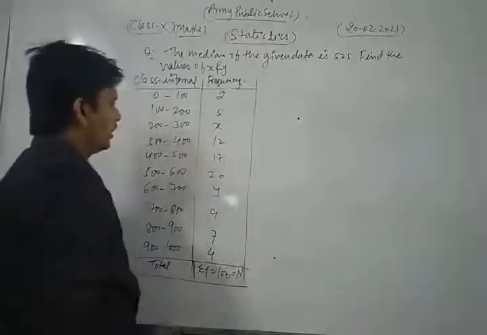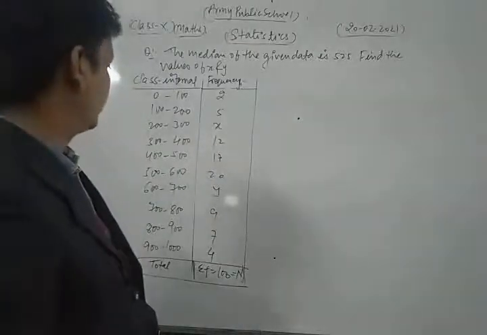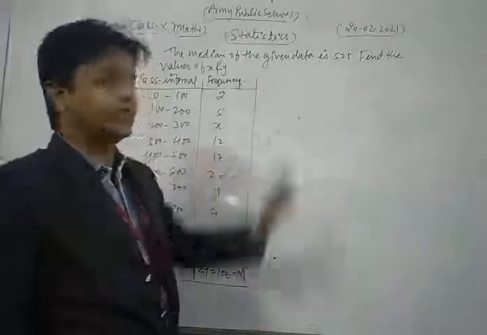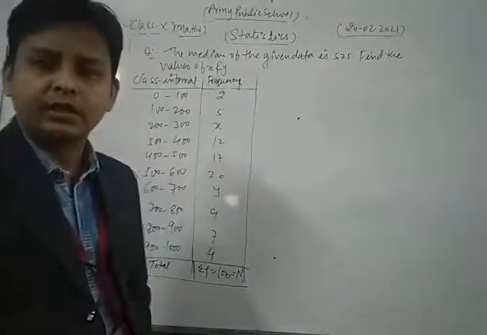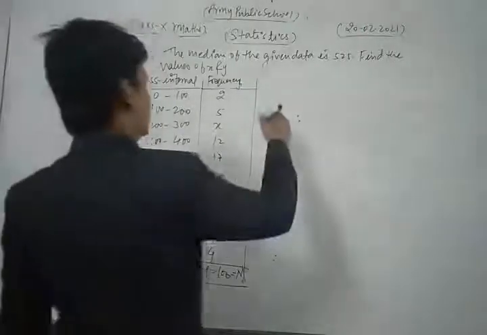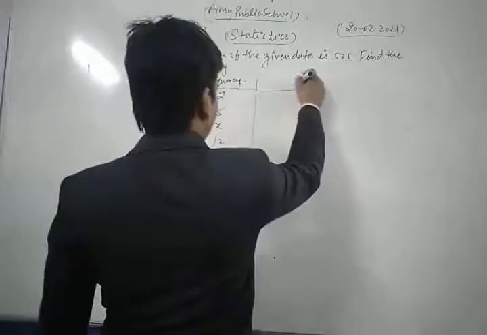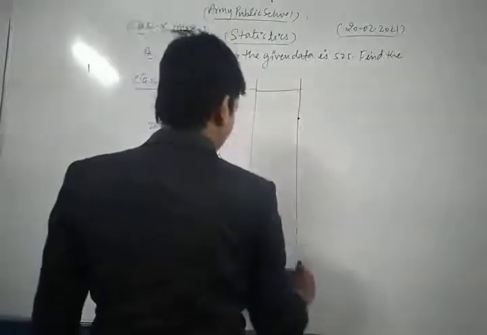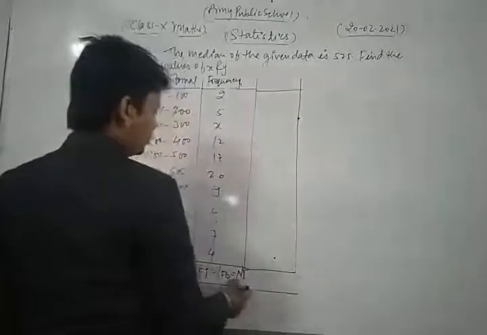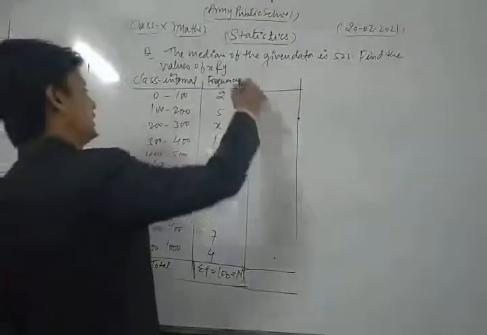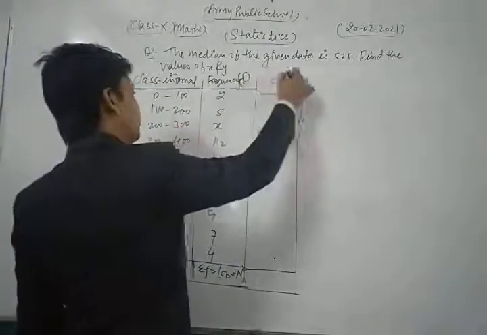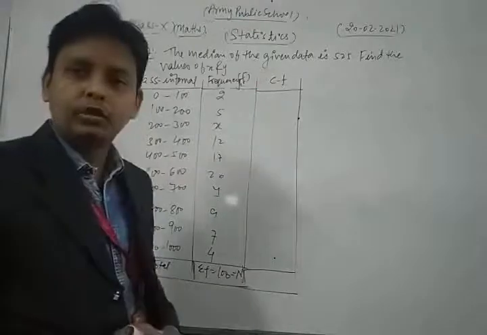In that question the median is given. So first of all we form another column to find the cumulative frequency. Now this is frequency, and now we find cumulative frequency.